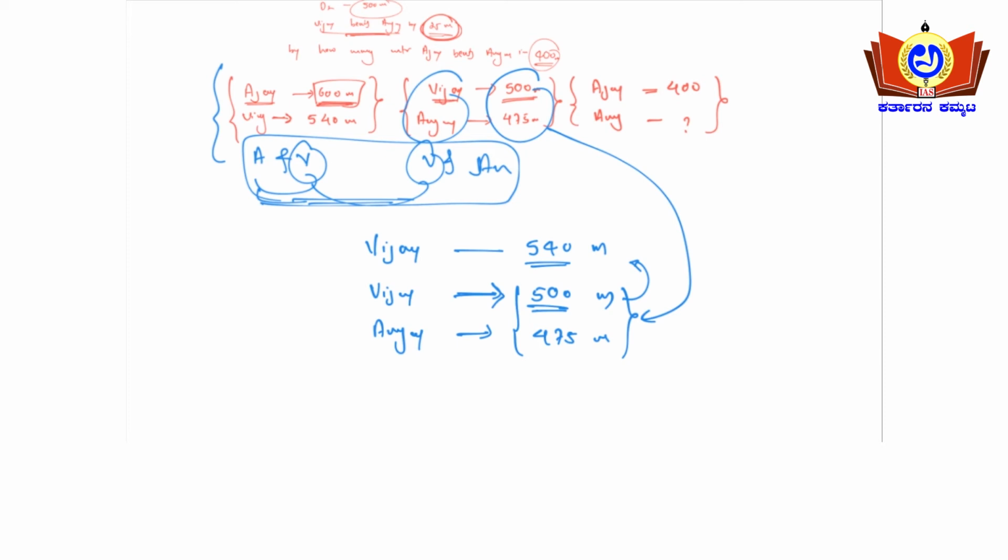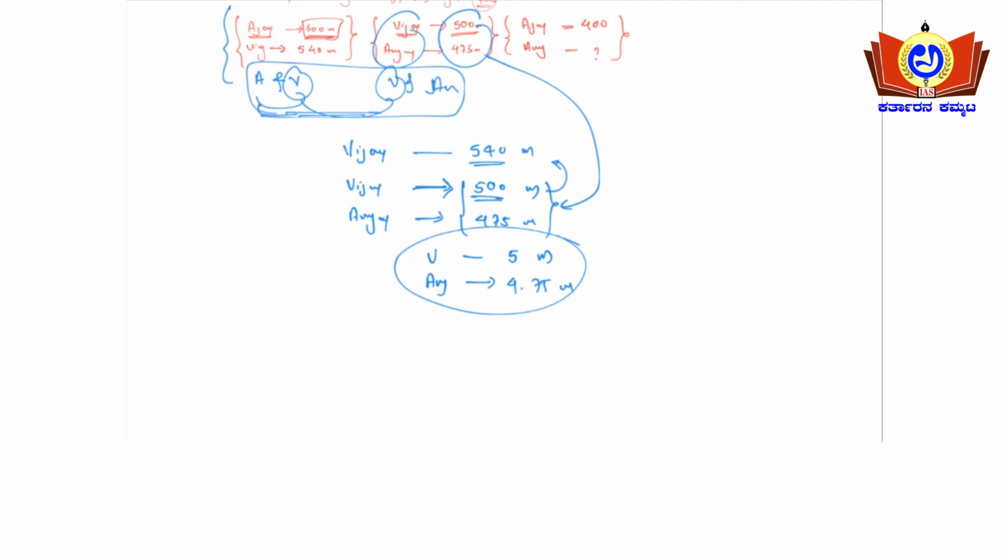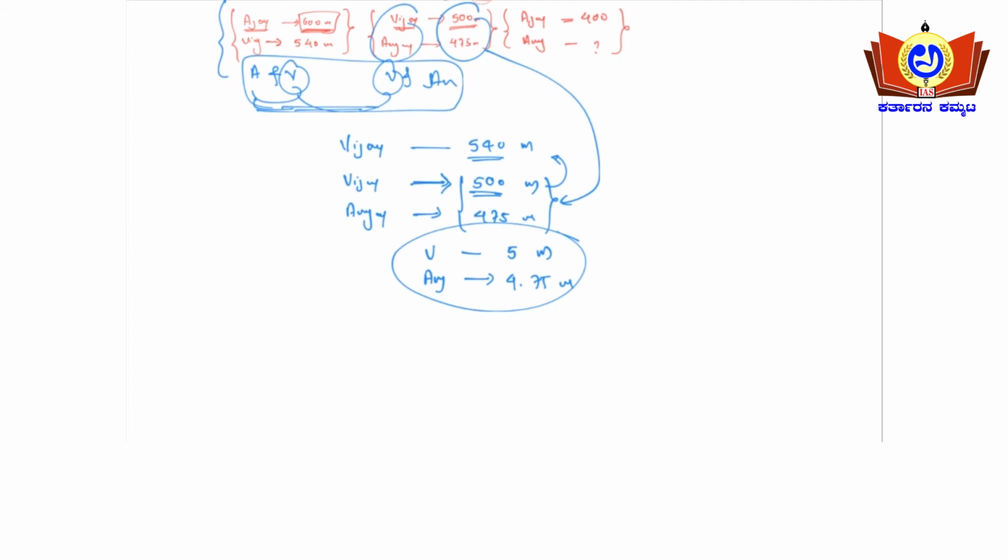This is nothing but when Vijay is traveling 5 meters, Anjay is traveling 4.75 meters. You can relate it, right? 500 and 475, similarly 5 meters and 4.75 meters. So what is the difference here? They have given 540 meters and here 500 meters, so the difference is 40 meters. For Vijay traveling 5 meters, Anjay travels 4.75 meters.